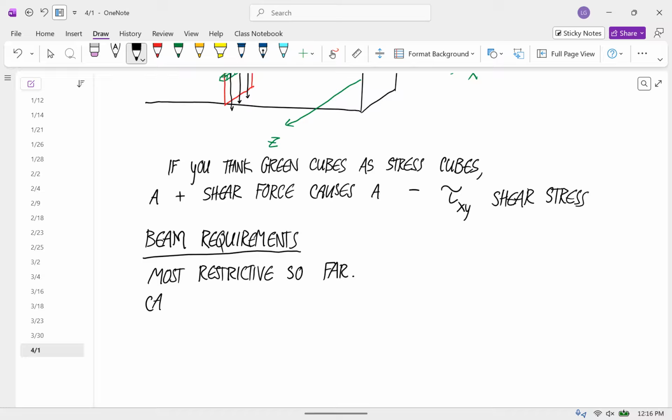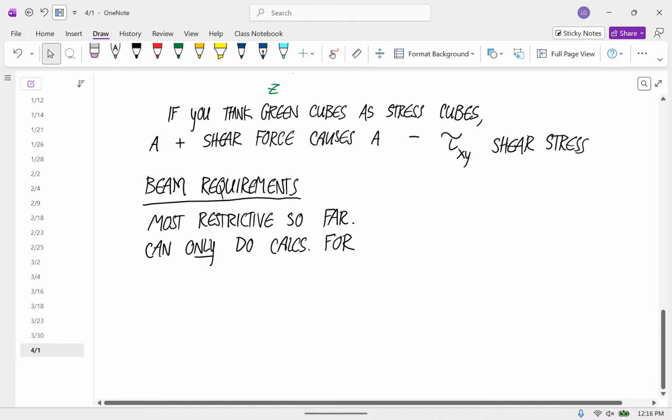We can only do calculations for 2 possible things.